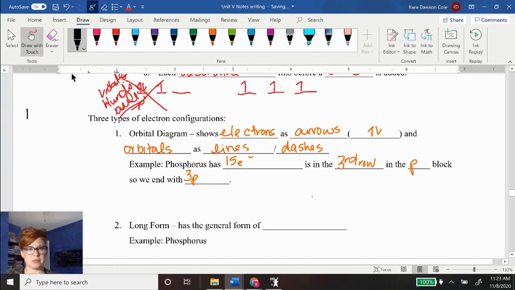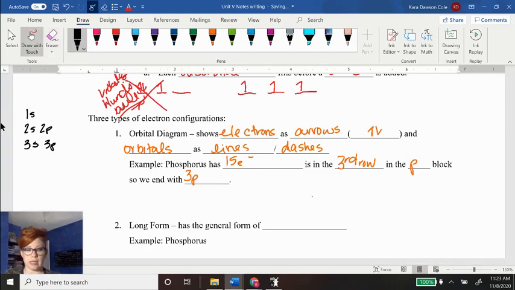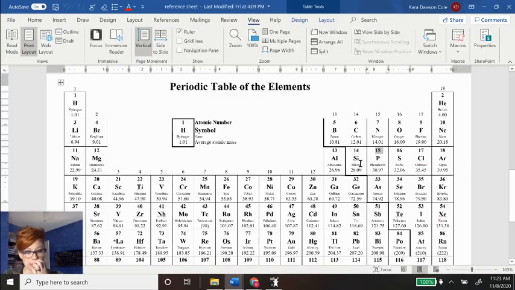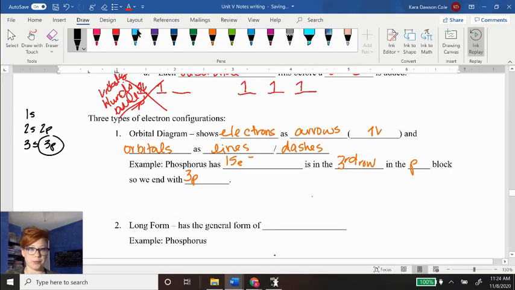I know that my diagram looks like this, right? And I'm going to stop here at the 3p. Well, I can go to my periodic table and find out how many electrons are in the P block for phosphorus. And that would be 1, 2, 3 electrons in the p3. So I can write that in here as well if I wanted to.